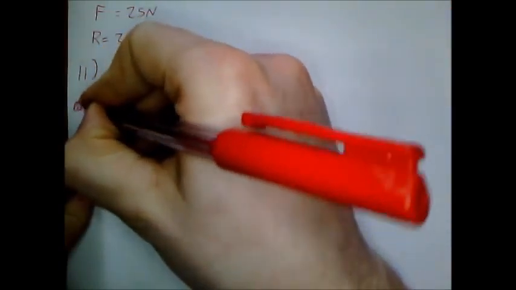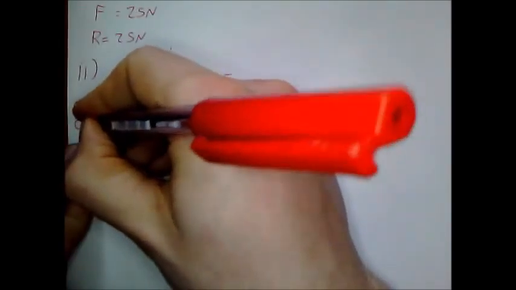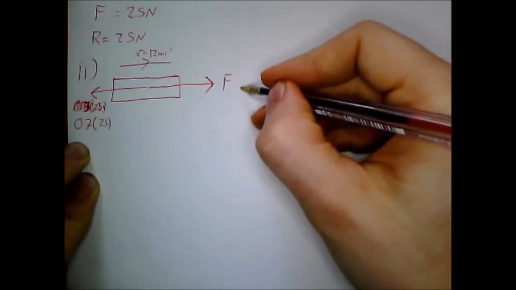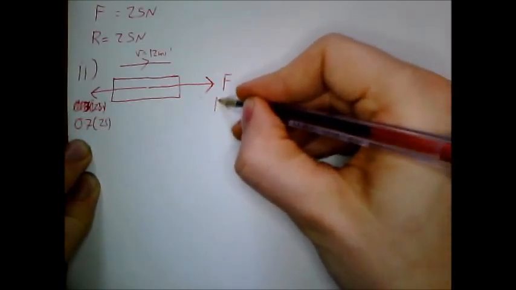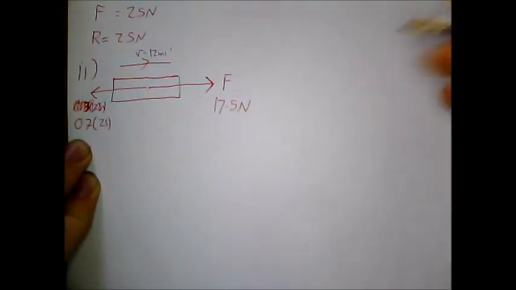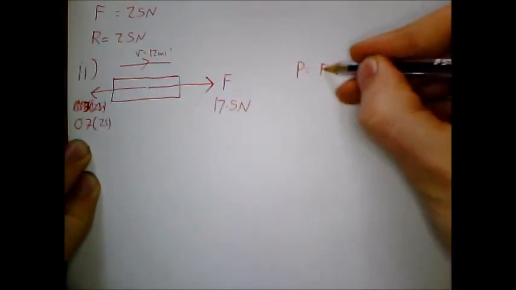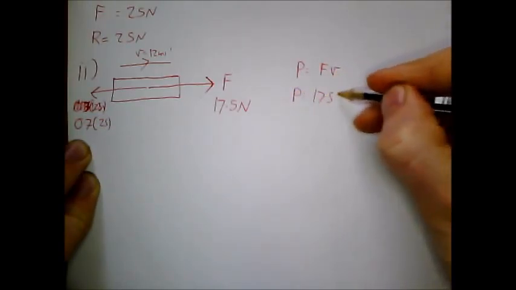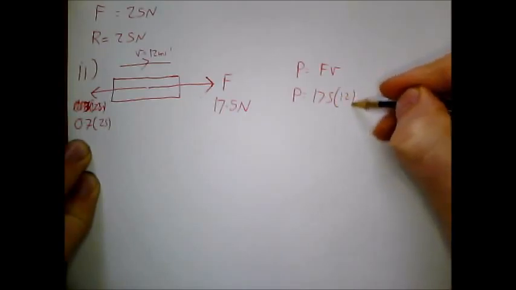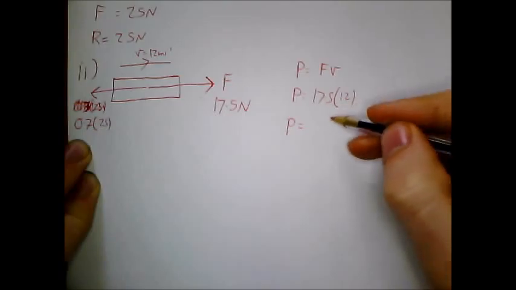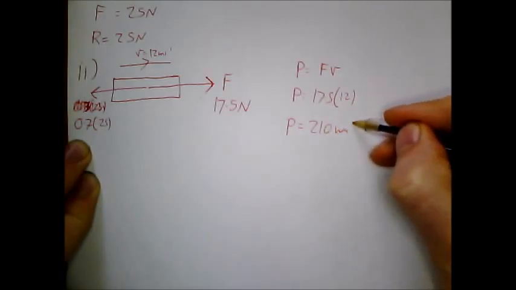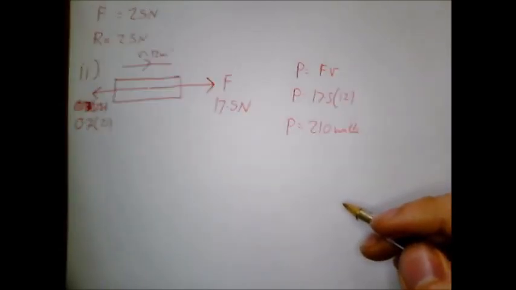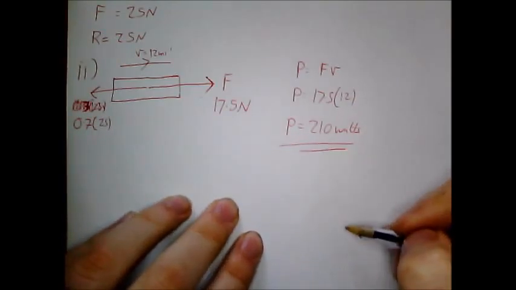No, it is 0.7, sorry. That should be 0.7 because he's got 70% of the total resistance. So F equals 0.7 lots of 25, which is equal to 17.5 newtons. So power equals force times velocity. So power equals 17.5 lots of 12. So we should get a power of 210 watts. And that's for part 2.